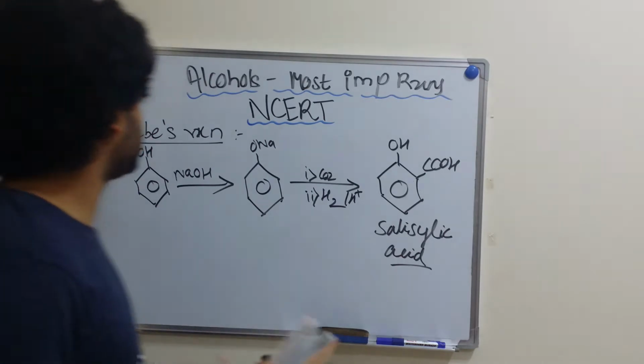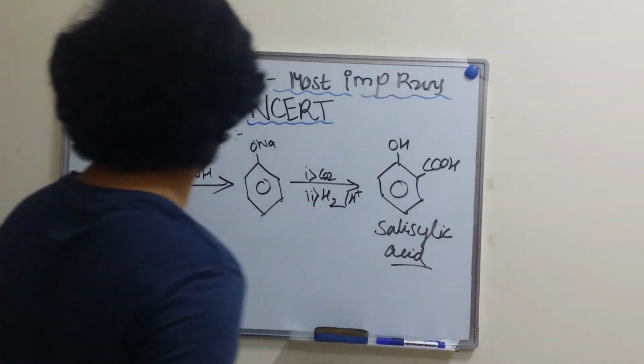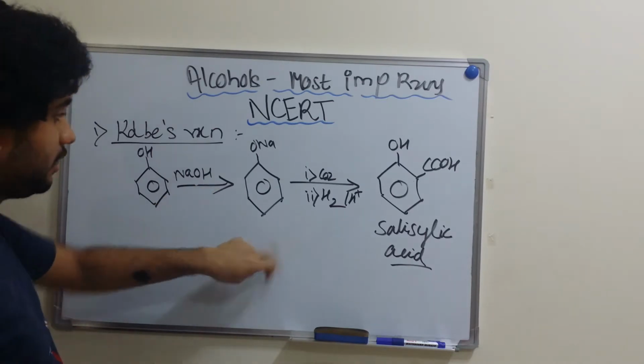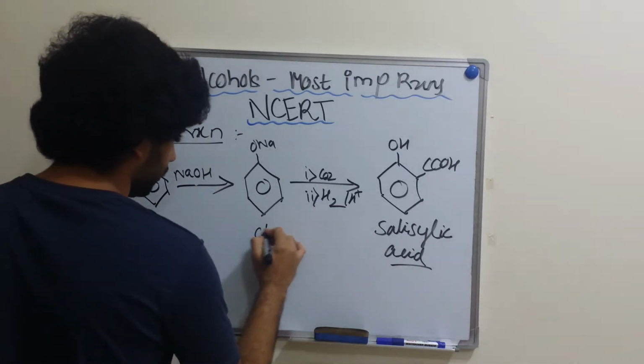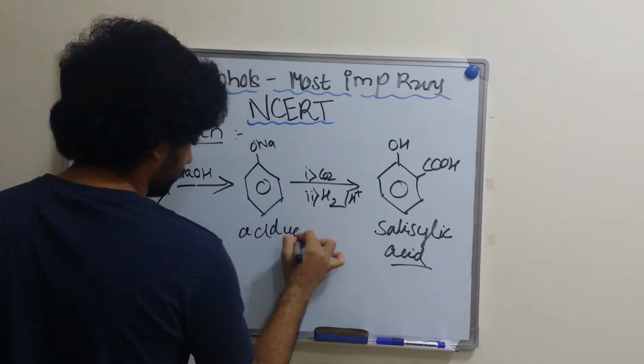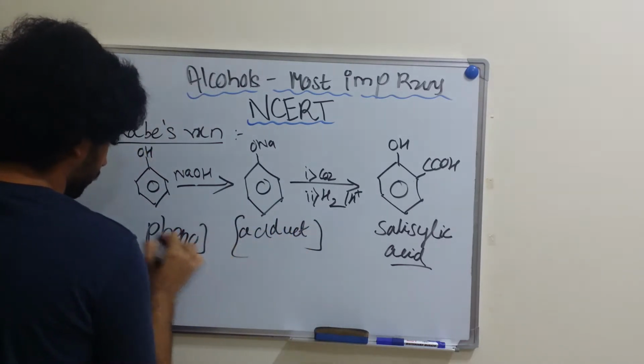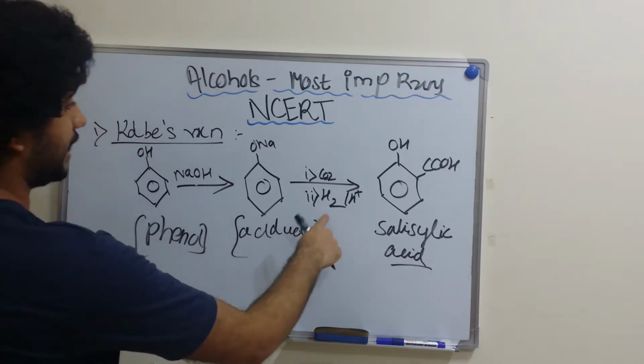So this is our Kolbe's reaction: this is phenol, when we add NaOH we get sodium phenoxide, which is the adduct, and these are the reagents.